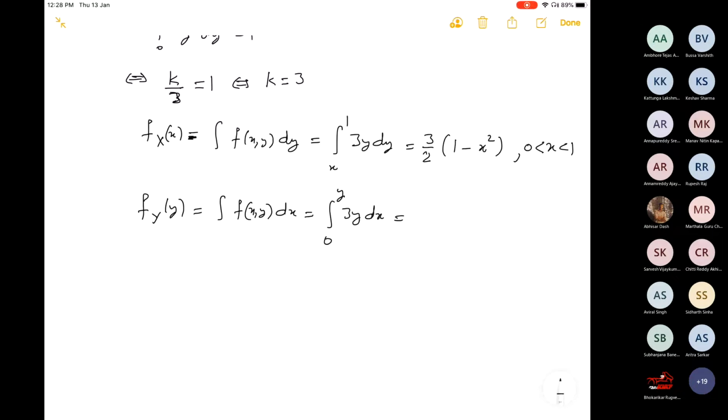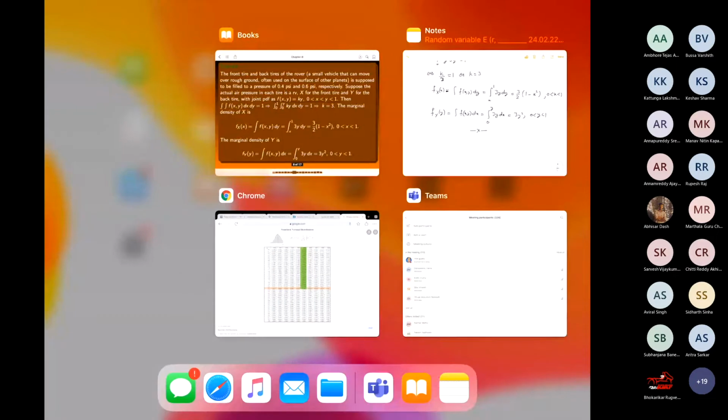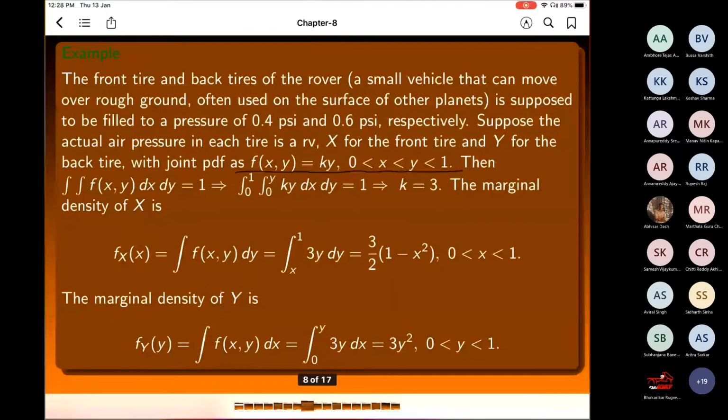So this will be 3y into x, which is from 0 to y. So 3y square, y is from 0 to 1. So in this fashion, you can find out the marginal density of x and y.